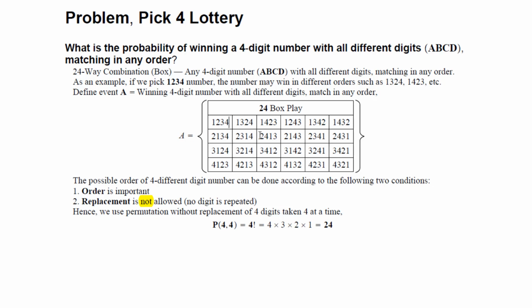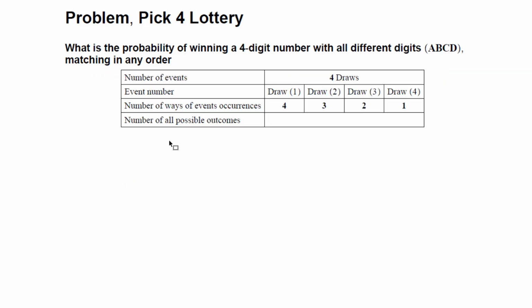So if the winning ticket is 2413 and we played, let's say, 1324, we can still win with this 24 box play. How many possible arrangements can we have of this ticket 1234? We can also get that from the following table.